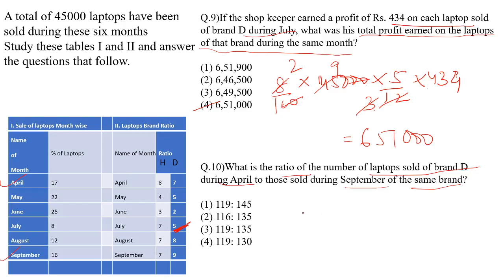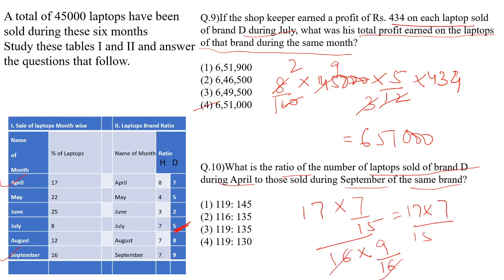So here it is 17 into 7 by 15, and here comes 16 into the same brand again. When you solve it, 16 cancels, so it is 17 into 17 upon 15 into 9. The answer comes as 119 upon 135. So option number 3 is correct.